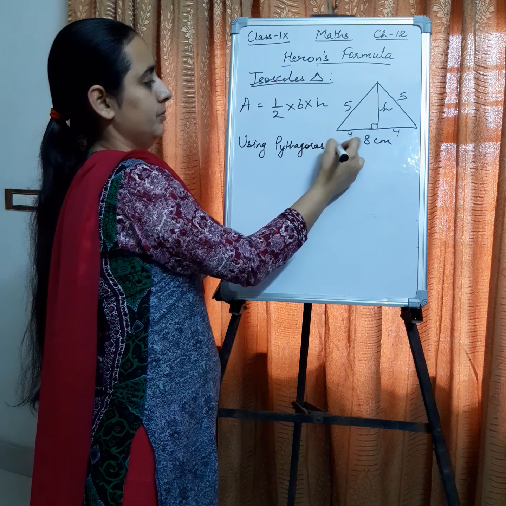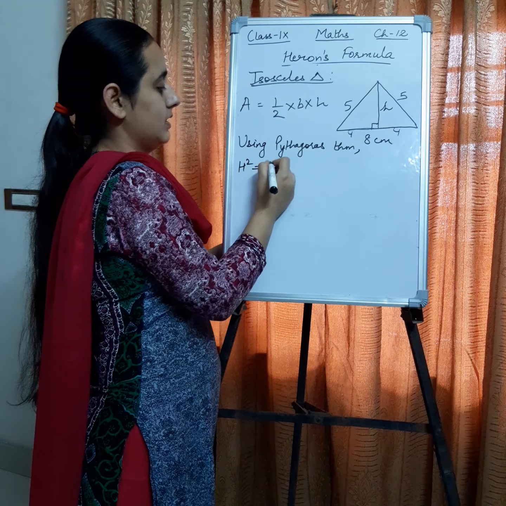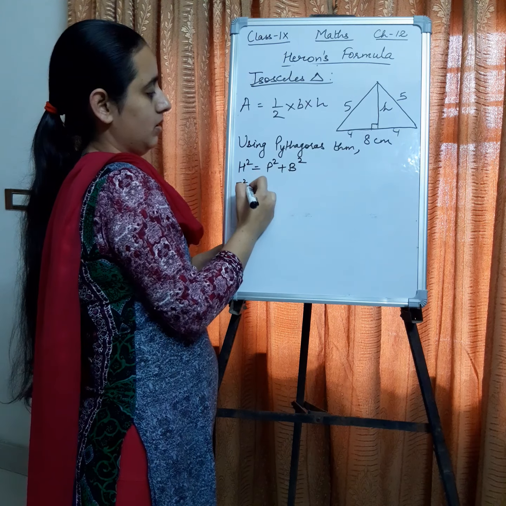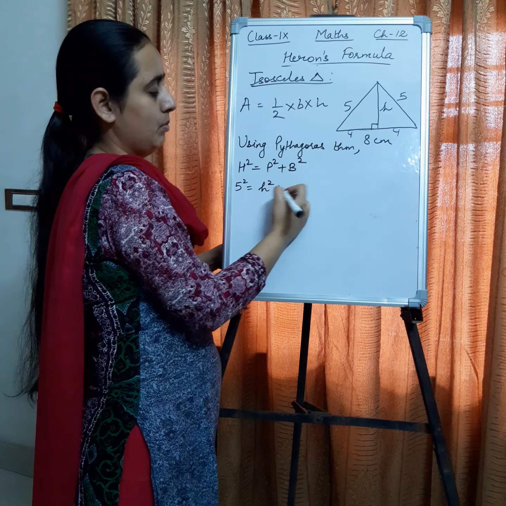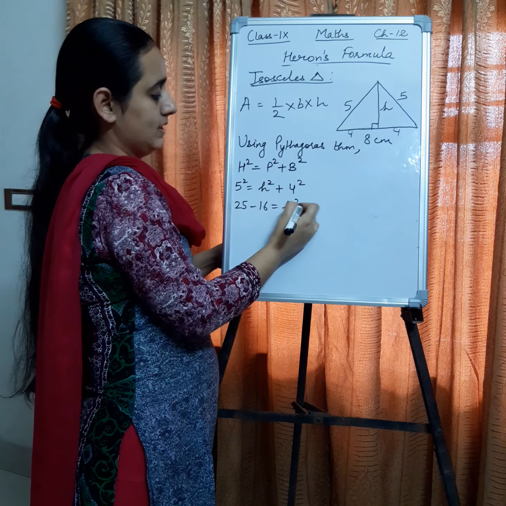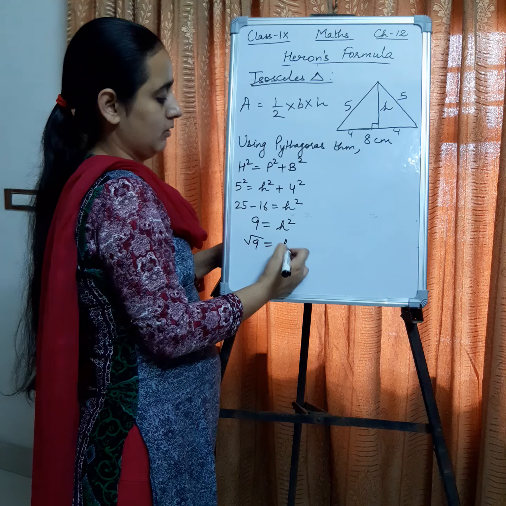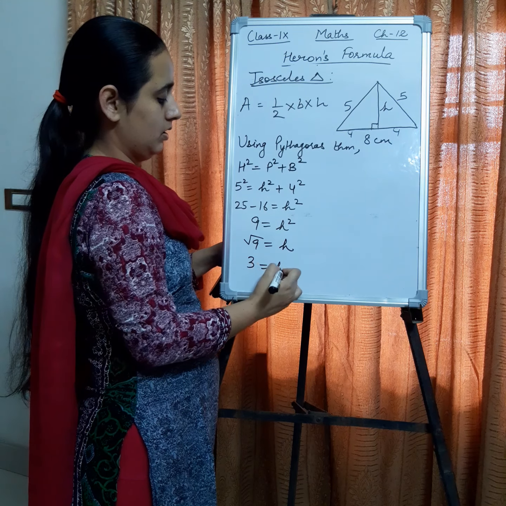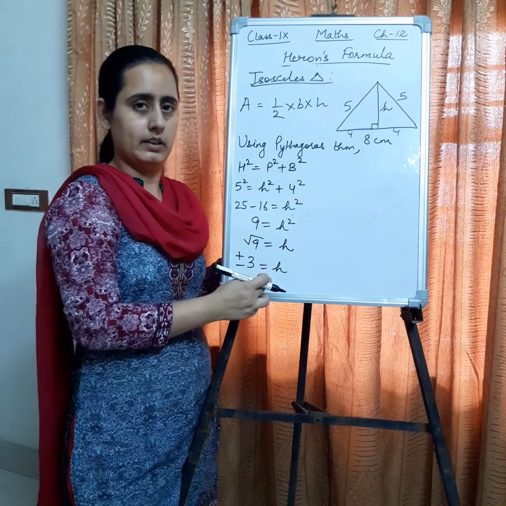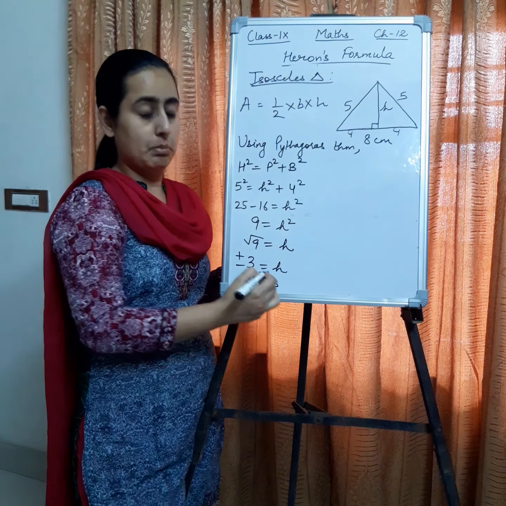So using Pythagoras theorem, can I say again the same, h square is equal to p square plus b square. H is 5 square, p we don't know, b is 4 square. So 25 minus 16 is equal to h square, 9 is equal to h square, under root of 9 is equal to h, so plus minus 3, but as it is a length and length can never be negative, we will take h as plus 3.